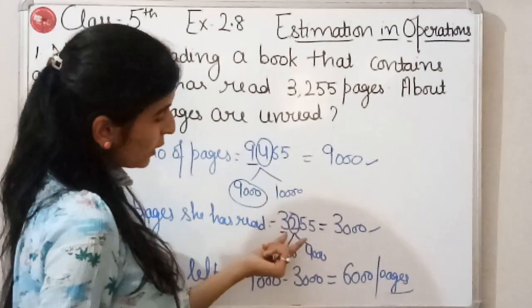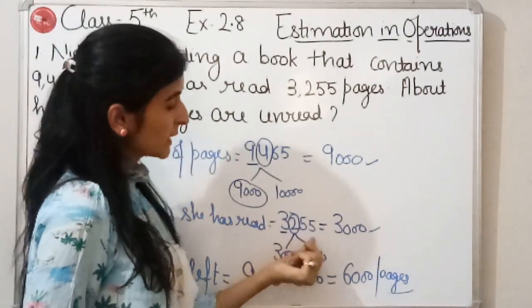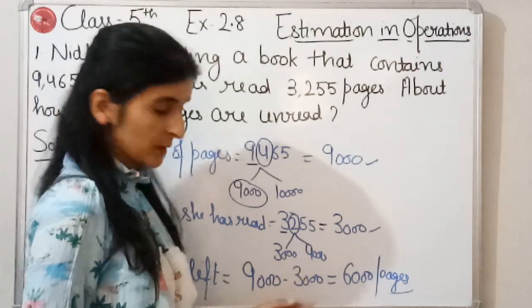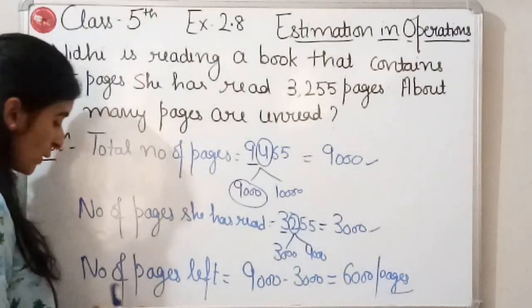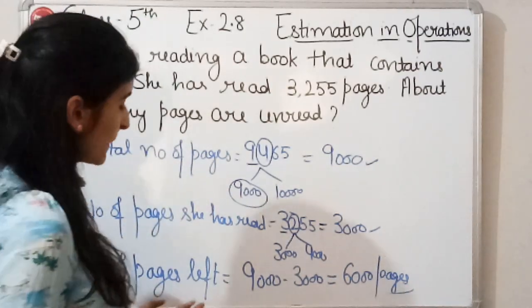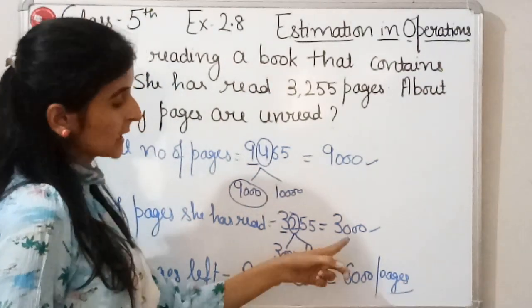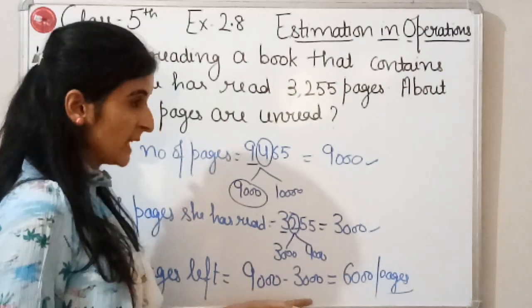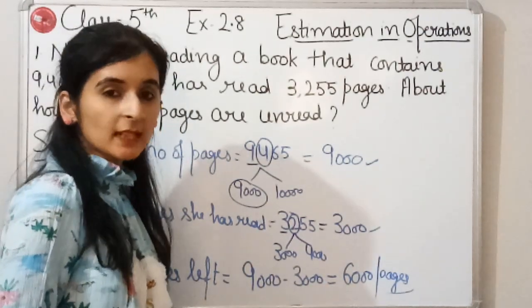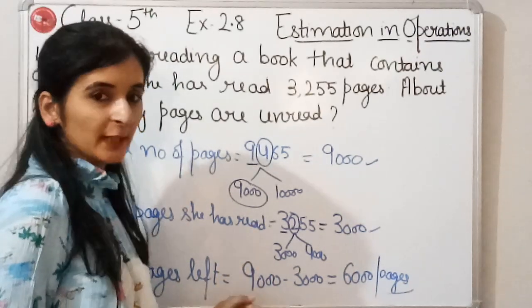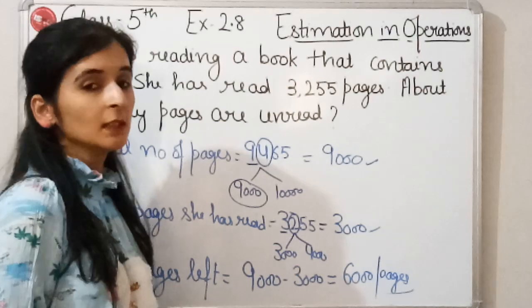Then we have rounded off this 3,255 to nearest thousand, which is equal to 3,000. Then we have to find out number of pages left. So for finding the number of pages left, we have subtracted this 3,000 from 9,000. So 9,000 minus 3,000 is 6,000 pages. Clear? That is how we have to do these kind of questions. Now let's move to the next question.